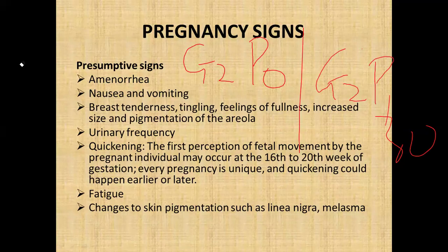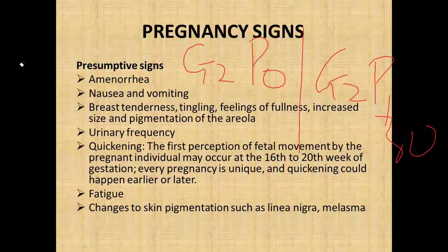What it means is that this person's total pregnancies is 2, and out of the 2, one of them has been carried beyond 20 weeks. So until the status of the pregnancy is known, the parity will remain 0 or however it was before the person got pregnant with the current one. Are you following the scenario I'm trying to paint?